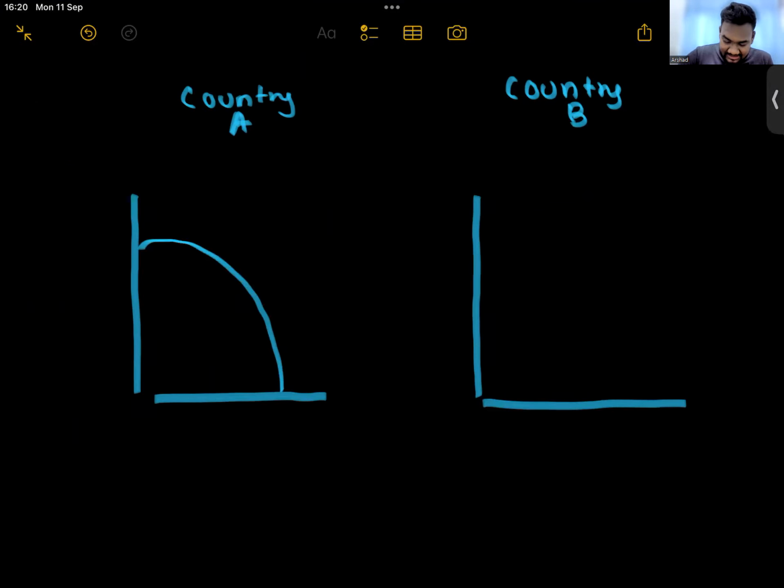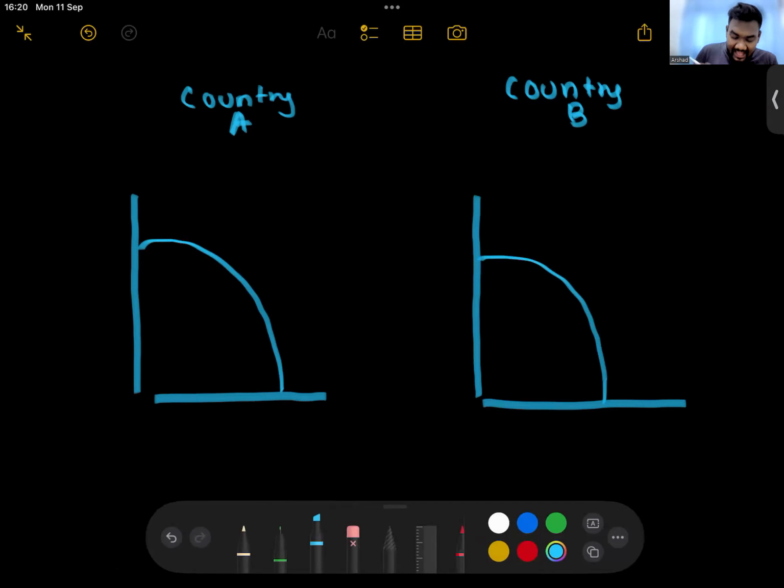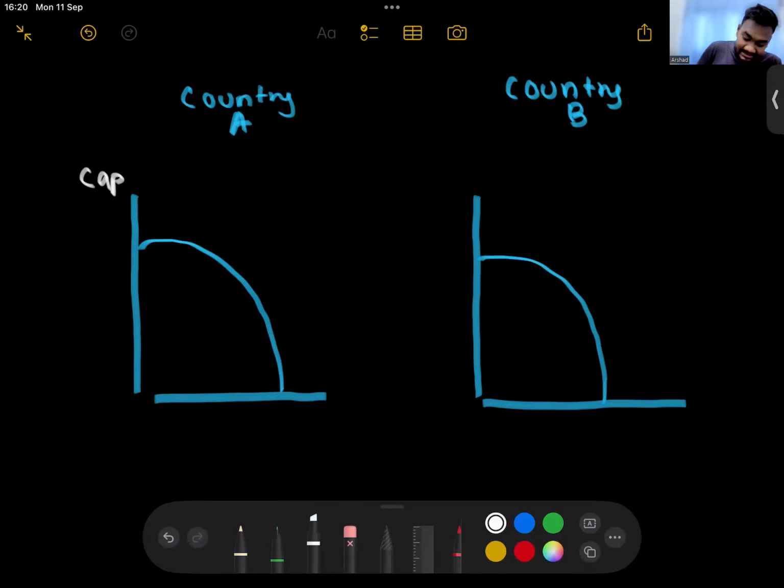Okay, this is the PPC. Let's say this is capital goods, this is consumer goods. Two different countries, almost the same PPC. So let's say country A was producing at this point and country B was producing at this point.